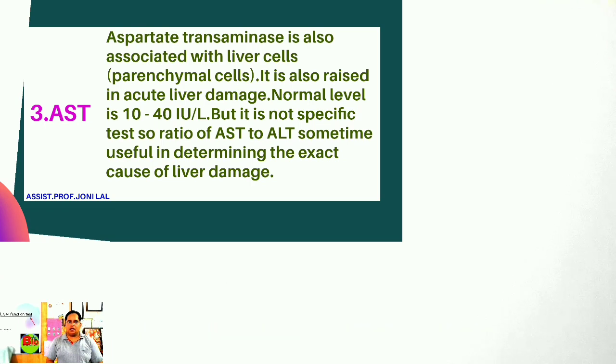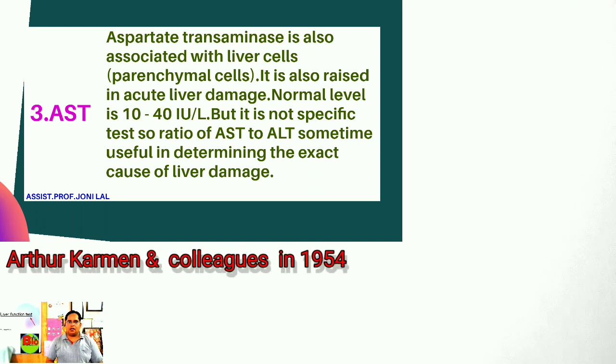It is a pyridoxal phosphate, PLP, dependent transaminase enzyme, and its enzyme commission number is EC 2.6.1.1. It was first described by Arthur Karmen and colleagues in 1954.